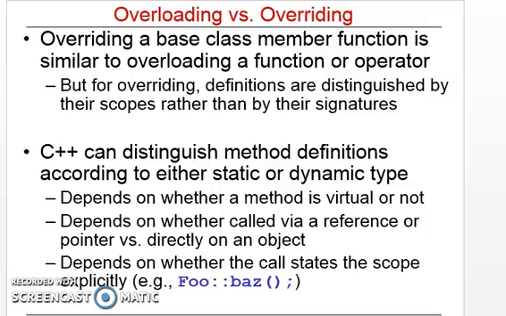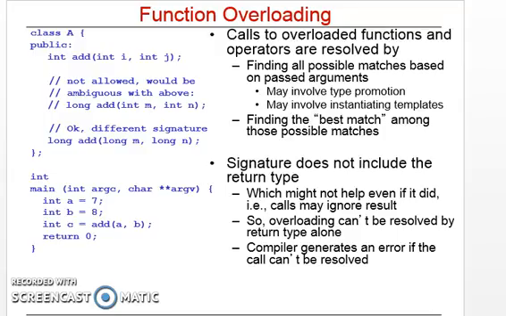Let's go to the next slide. Here we can see the example. We have taken one class A, public, where we have a function named add. Now we have two signatures available here.